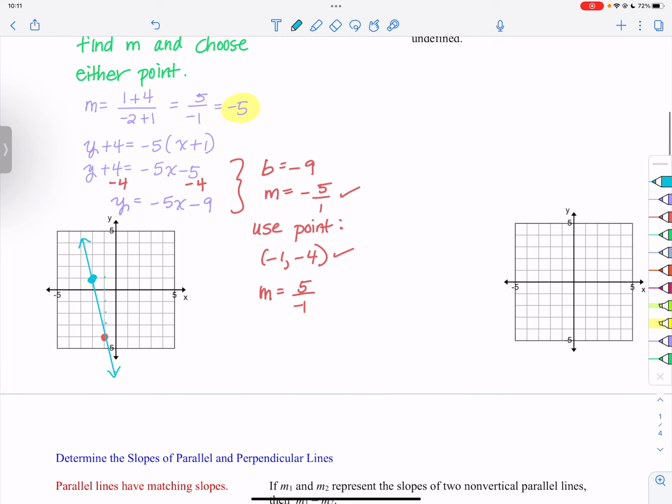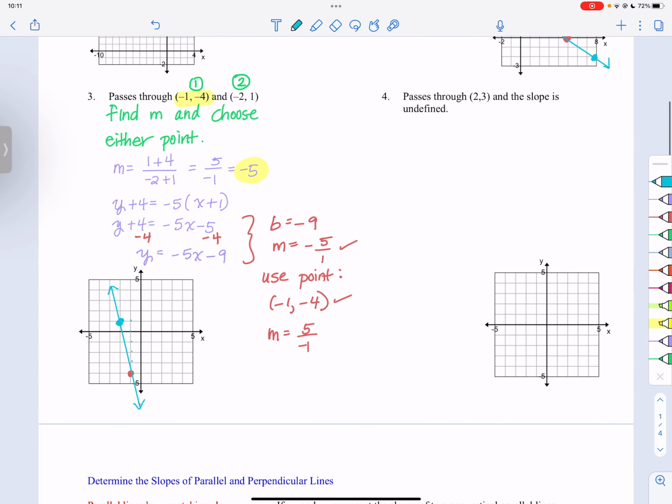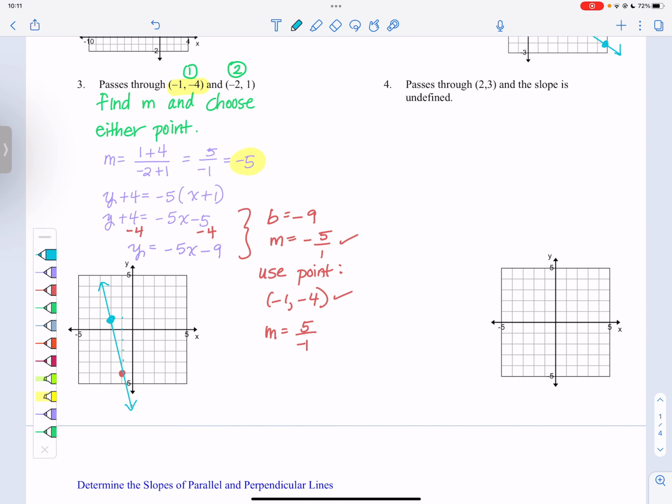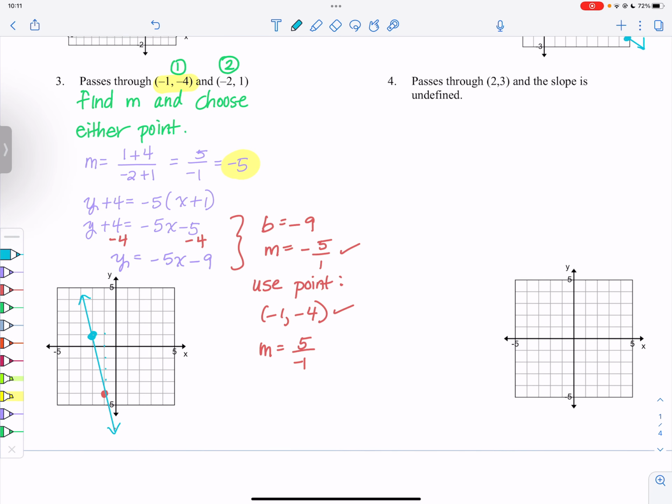And now let's go ahead and take a look at number 4. In number 4, we have a line that passes through point (2, 3), and the slope is undefined. When you see the slope is undefined, we right away know this is a vertical line.